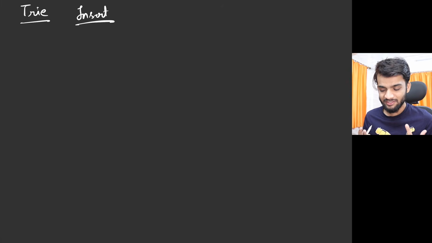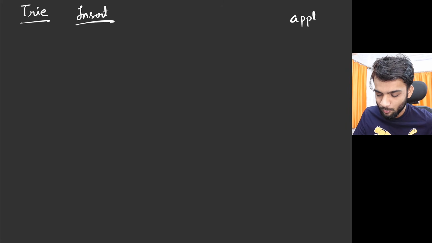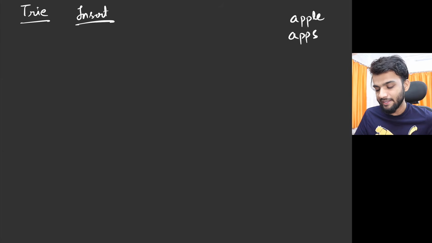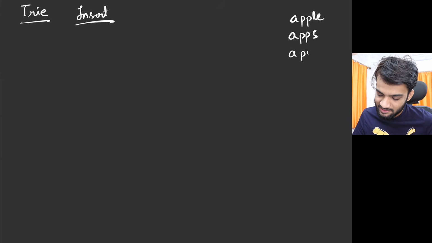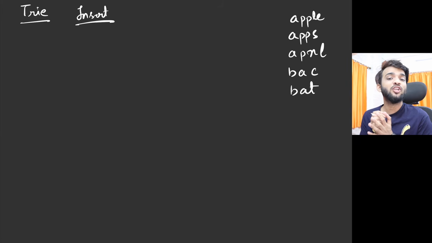In order to understand insert, we will take some words. Let's assume I take apple as one of the words, then I take apps, then something like APXL, then I take BAC, then I take BAT.